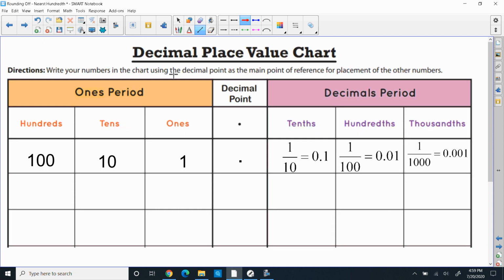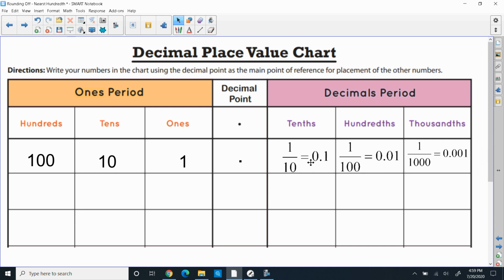But we are talking about the decimal place value chart. And that's where we're having our difficulty, and we wanted to stress it with our topic about rounding to the nearest hundredth. On this side are the ones, tens, and hundreds, on the left side of the decimal point. But I want to go to the right side of the decimal point, which is the tenths, hundredths, thousandths, and so on.